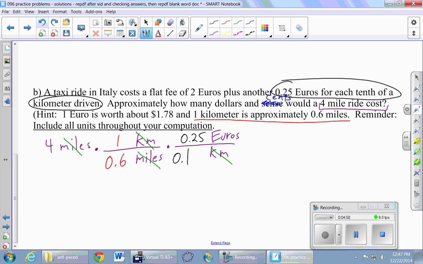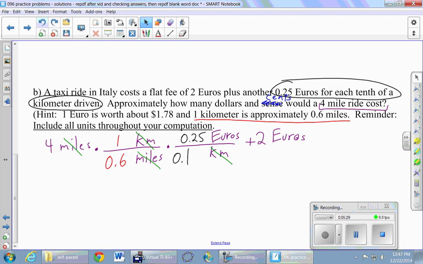That's for the driving part of it, but then there's this flat 2 euro fee, just getting in the cab costs you 2 euros right off the bat. So I think we're going to add to that 2 euros. No need to convert anything because both of these things now are in euros. After all the canceling, the entire big thing that we calculated already was euros, and then we're going to add 2 euros to that. So ultimately, we can smush these things all together in order to find how many euros we have.